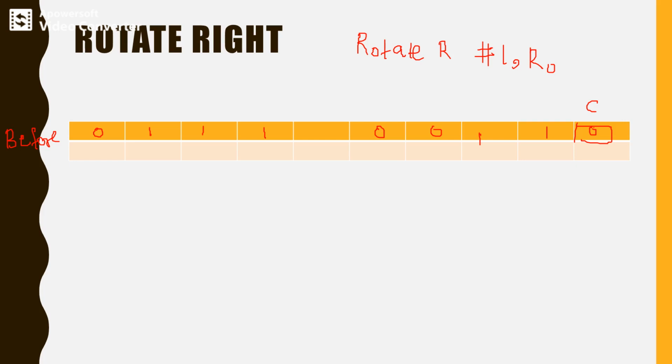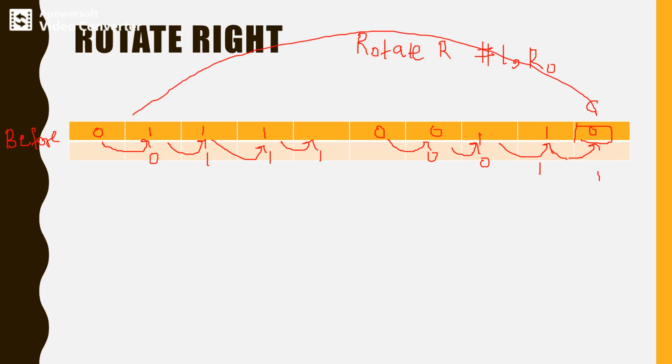This 0 will come to the previous location, and this 1 will come to the carry location, and the carry will go to the initial position, that is 0.